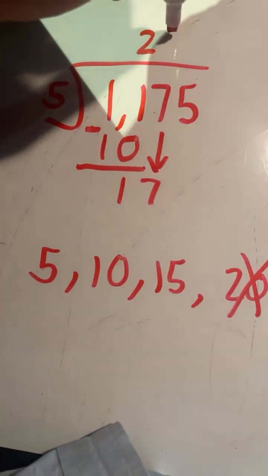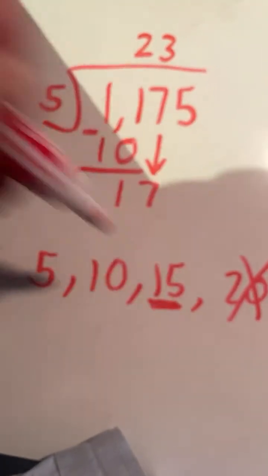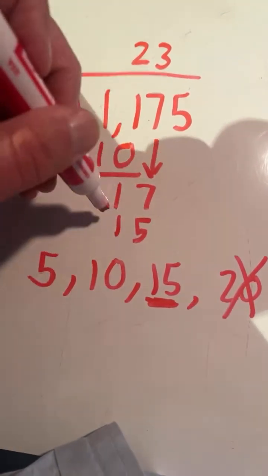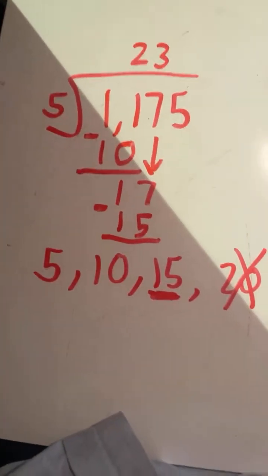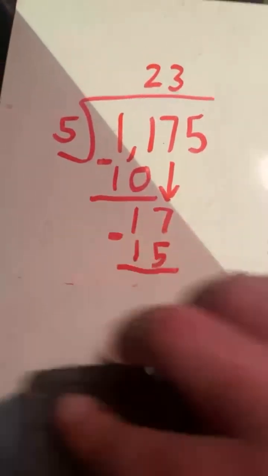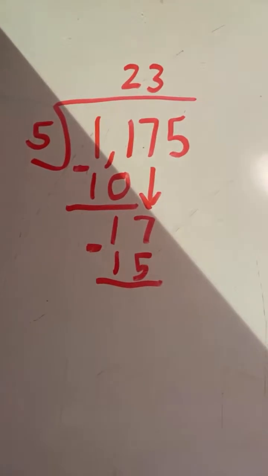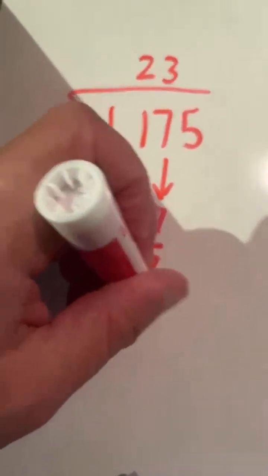So I'm going to write a 3 above the 7 here. 15 was as close as I could get to 17 without going over. So I'm going to do 17 minus 15 to find my remainder. 17 minus 15 equals 2.